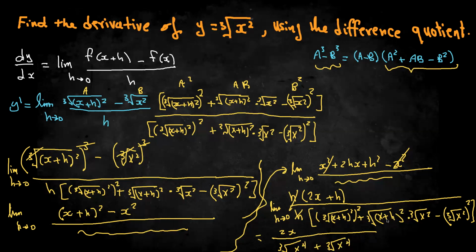And then the last bit as well is going to be, when you square this, the 2 times 2 right there is going to give me the cube root of x to the 4, which in turn gives me 2x all over. These are like terms, so I could add them, and I'm going to get 3, the cube root of x to the 4.